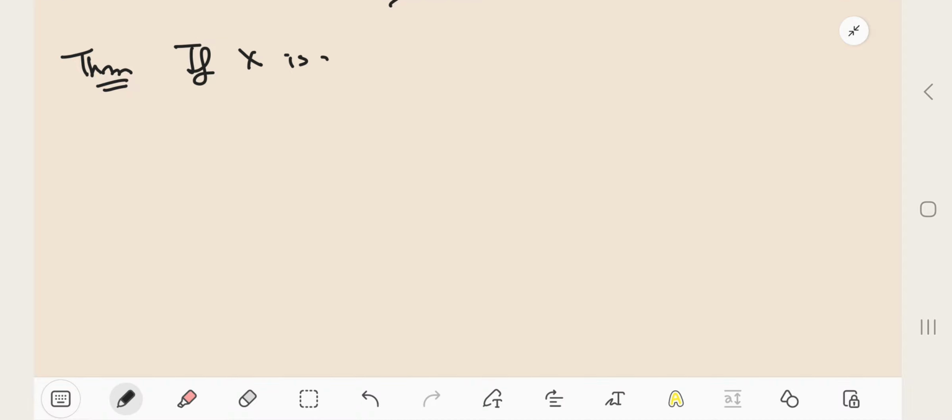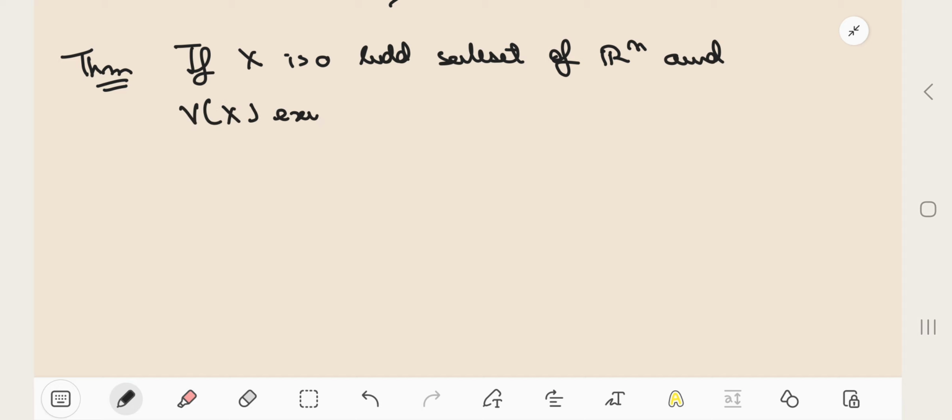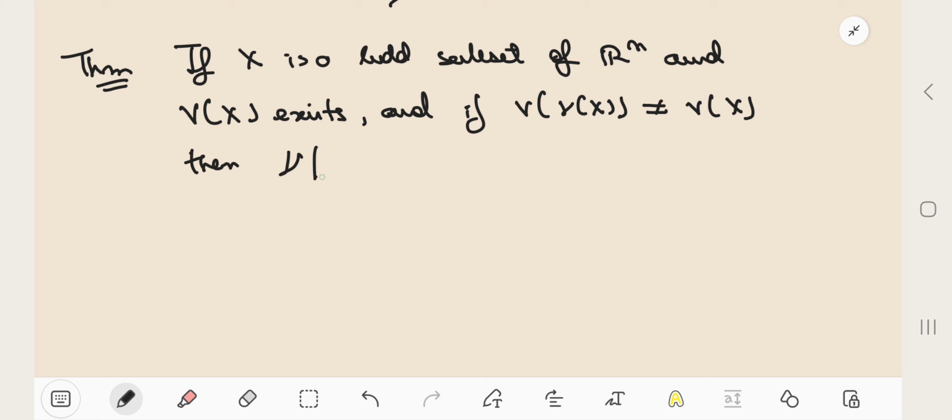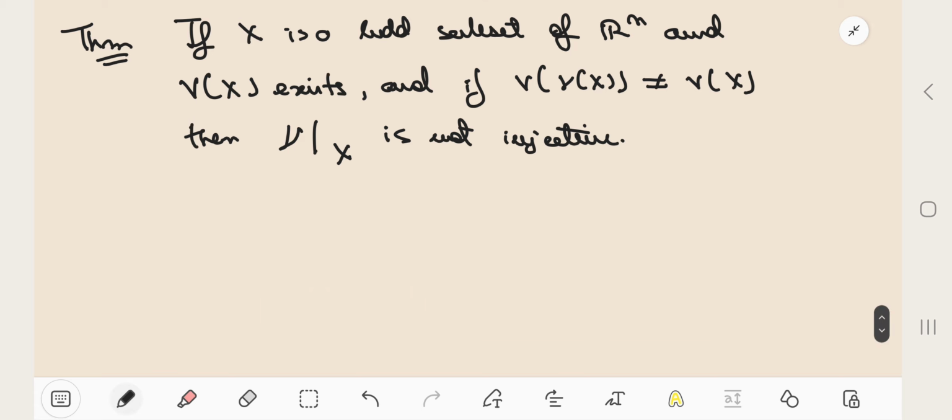If X is a bounded subset of Rn, and the volume of X exists, and if the volume of the image of X inside the torus coming from Rn is not equal to the volume of X, that is, the volume is not preserved, then the map gamma when restricted to X cannot be injective. And we will immediately see the proof of it.